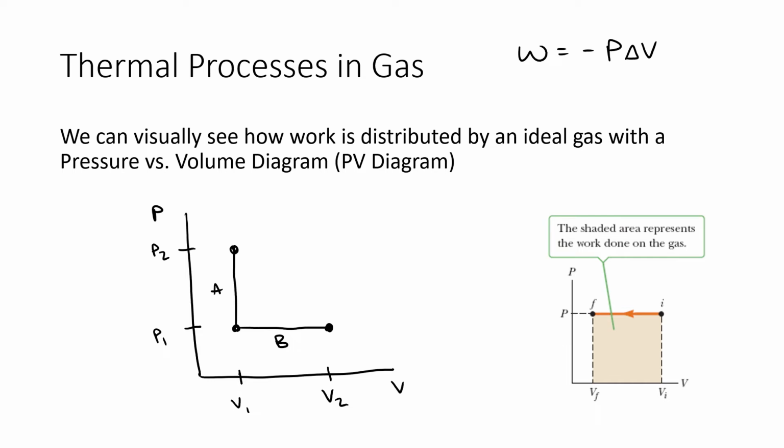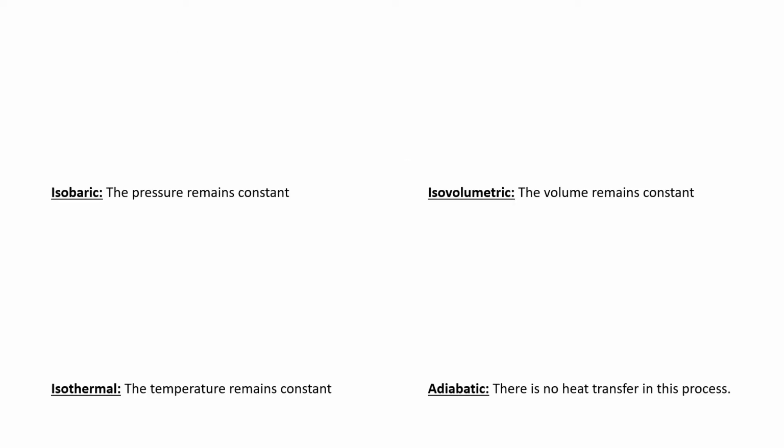They are essential, and so they've sort of been defined as a process of this PV diagram. So we have these four. I'll do a little picture of each.